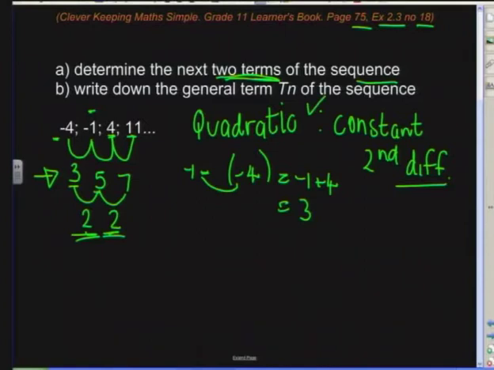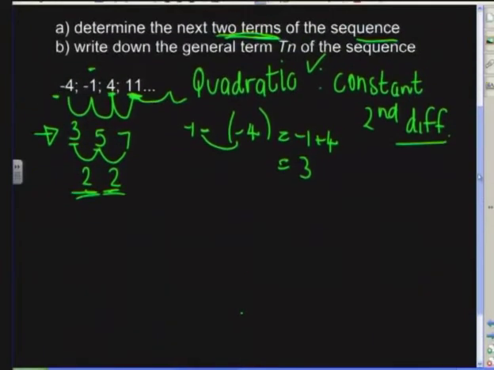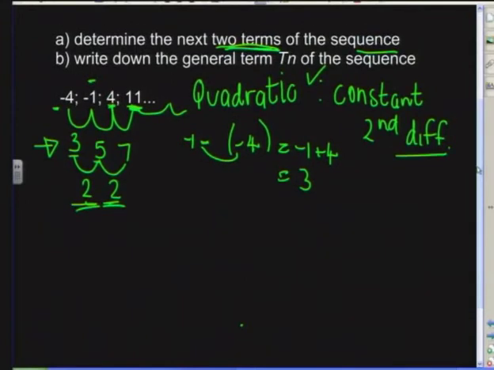All right, so how do I get the next two terms in this sequence? Okay, it's a little bit tricky. We've got to work backwards here, or forwards, depending on which way you're looking at it. Okay, so I want to know what this is. I want to know what that is. We don't have the formula. So how do we do it?